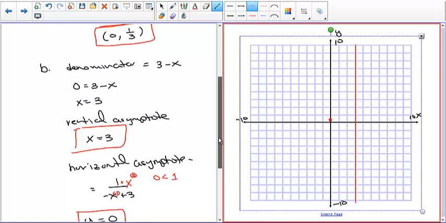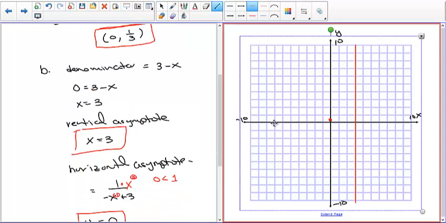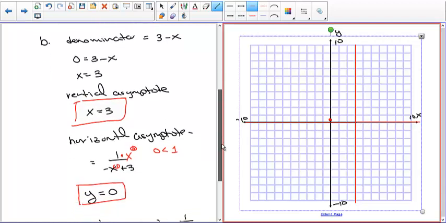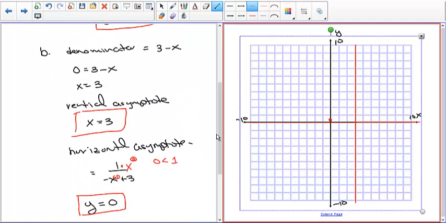Then you have a horizontal asymptote, which is y equals 0. In this case I only have one vertical asymptote, so I can make it just one big line going horizontally like that. And that's it.